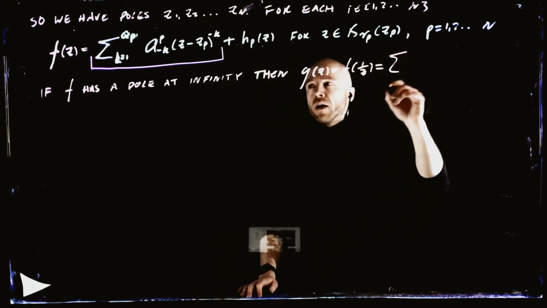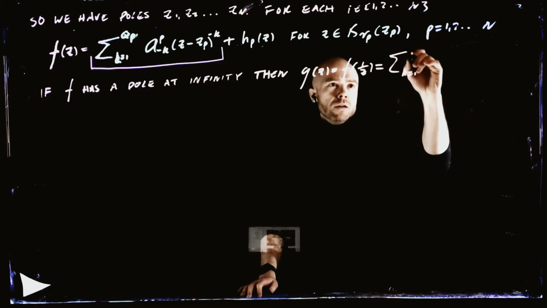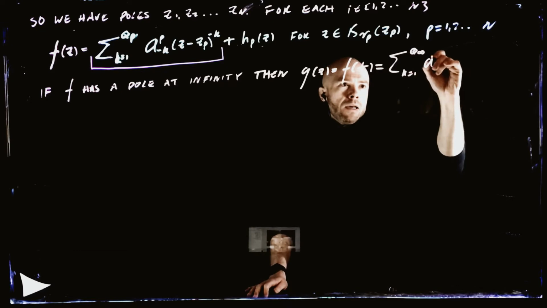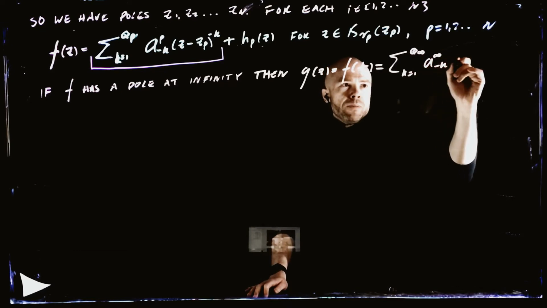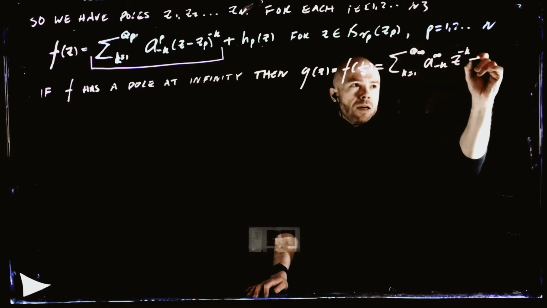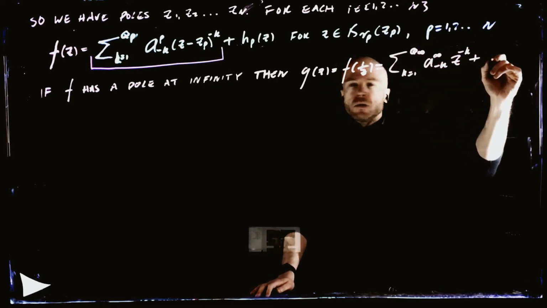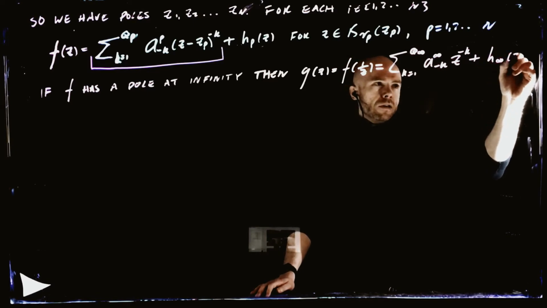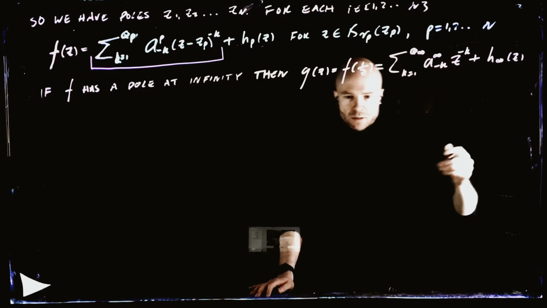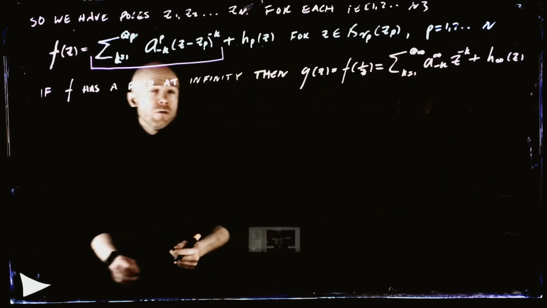So let's write the sum from k equals 1 to q_infinity of a_infinity minus k of z to the minus k, and then there's some nice holomorphic thing which we'll call h_infinity of z. Yeah? That's if f has a pole at infinity.